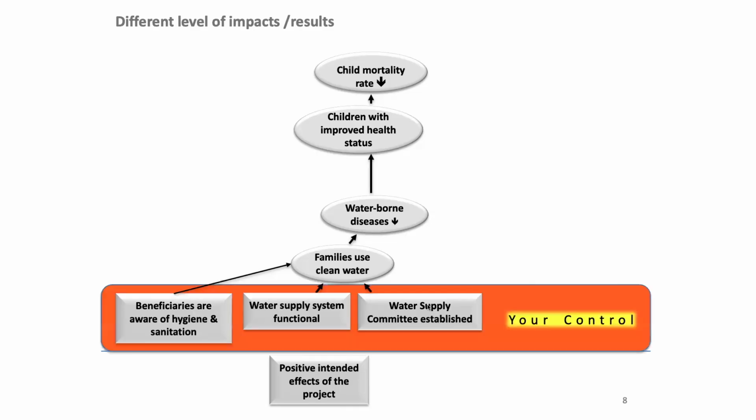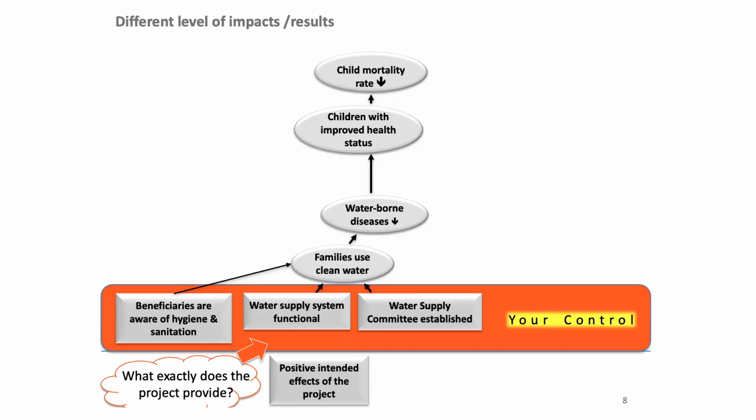Because this is what a project has under its control. It has the knowledge, the experience, the necessary time, the resources, and so on. And this is what a project exactly provides for the beneficiaries in that community. And this is under your control.